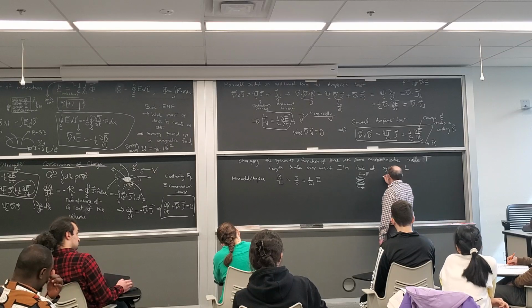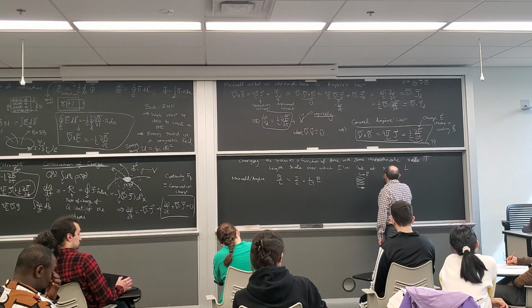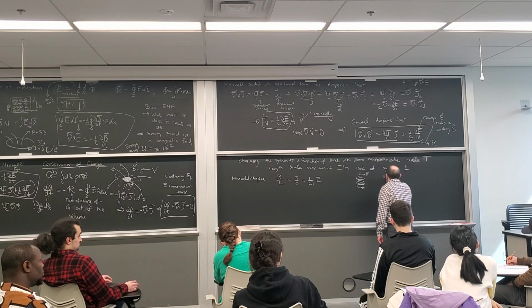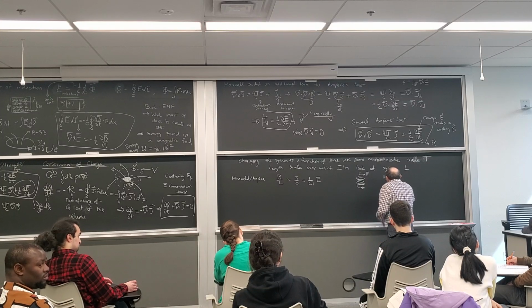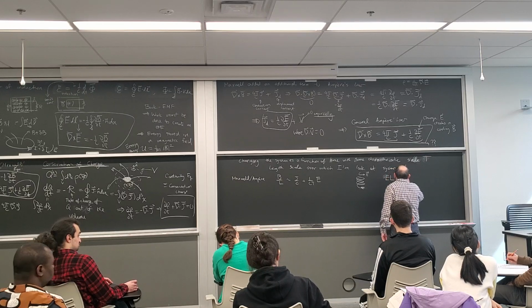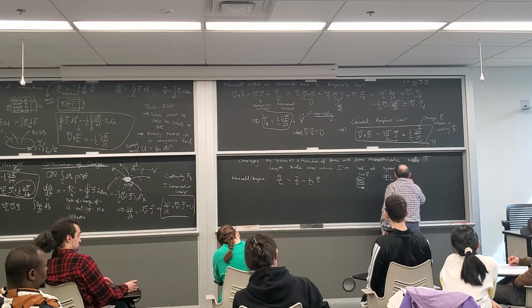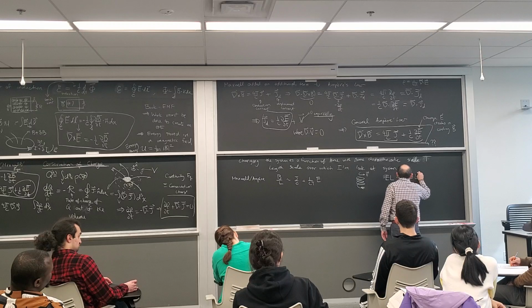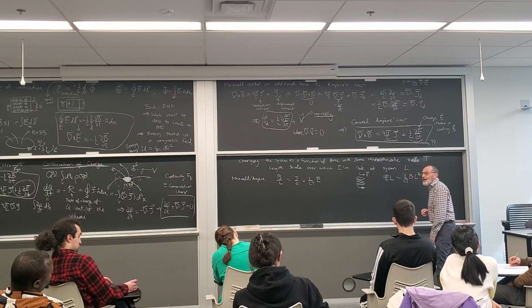Because in this situation, we know that E around this loop, E times L, is on the order of 1 over cT times B L squared, okay?